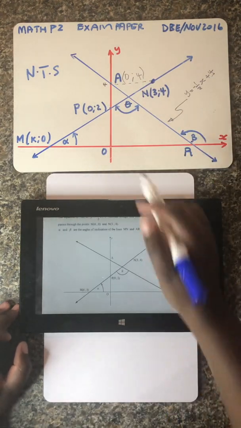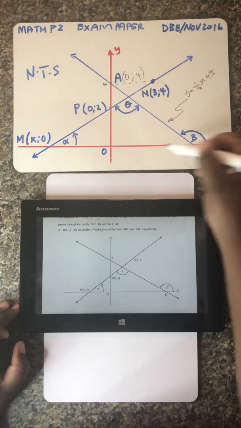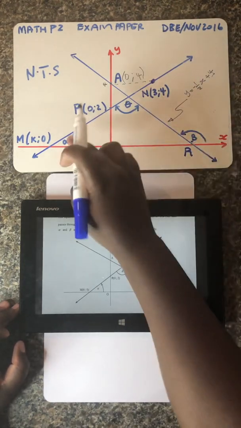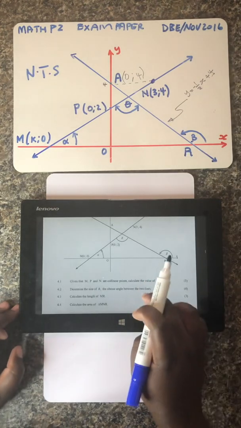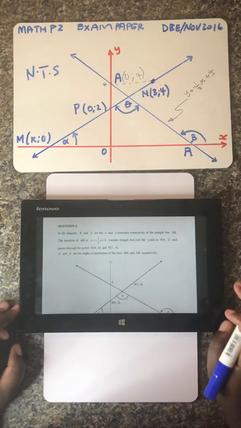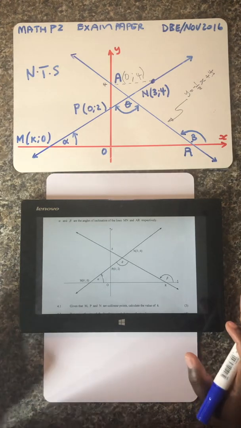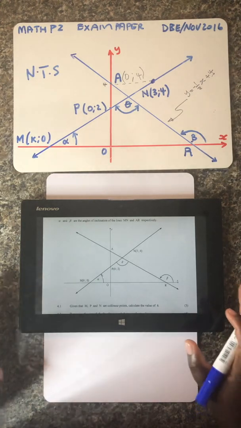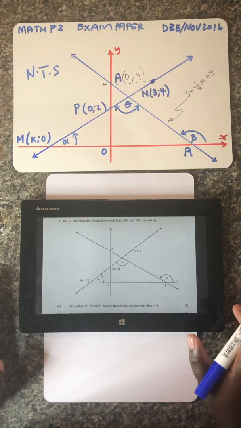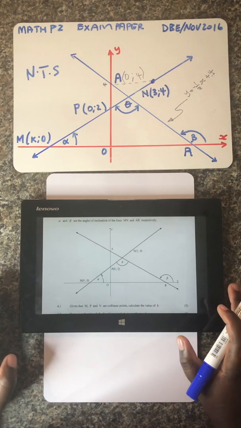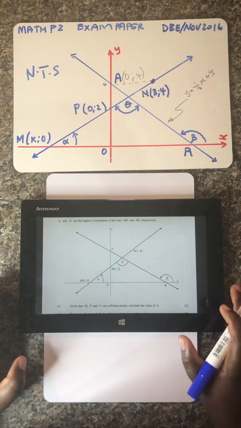Remember guys, these angles I didn't just write them, I didn't just position them there. Even on the diagram they are there. The other thing I want you to notice, guys, is please do not be confused by the Cartesian plane at all times. I've always been saying a Cartesian plane is where we draw our function, so it's where we draw our graphs.